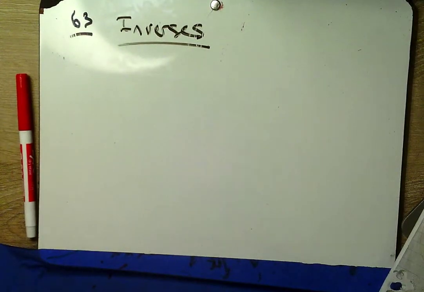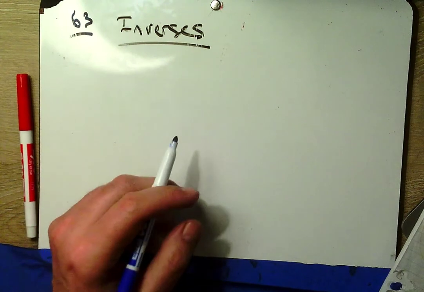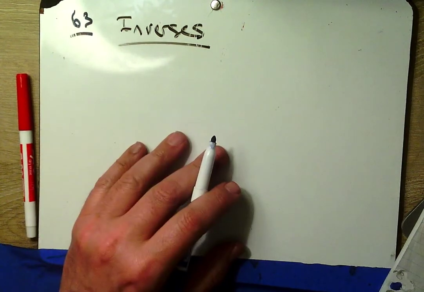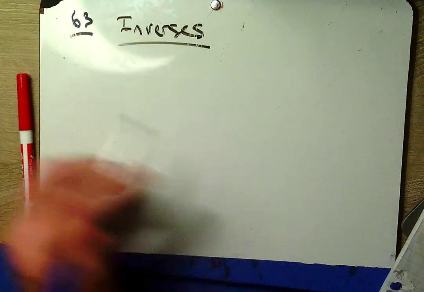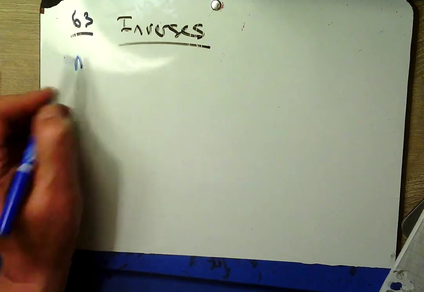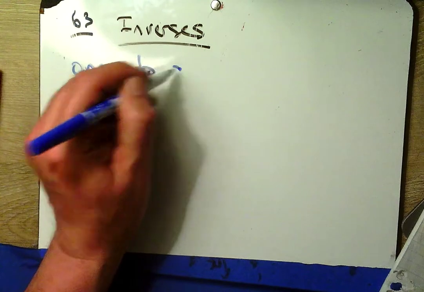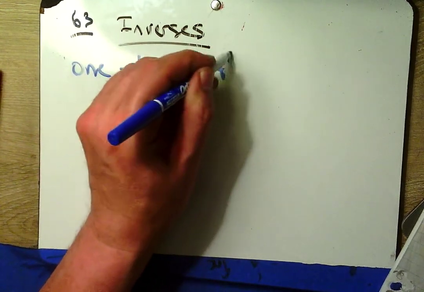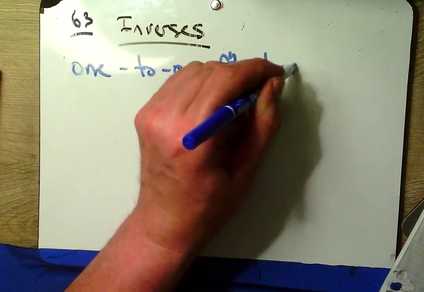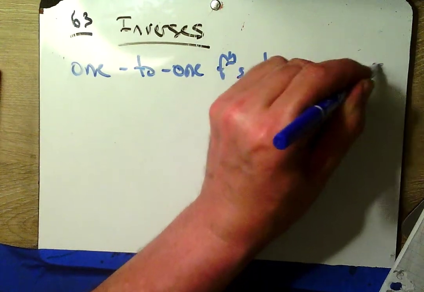But I'm getting off track because what I really want to talk about first is, how do I know if a function has an inverse? And I guess I could say one-to-one functions have inverses.